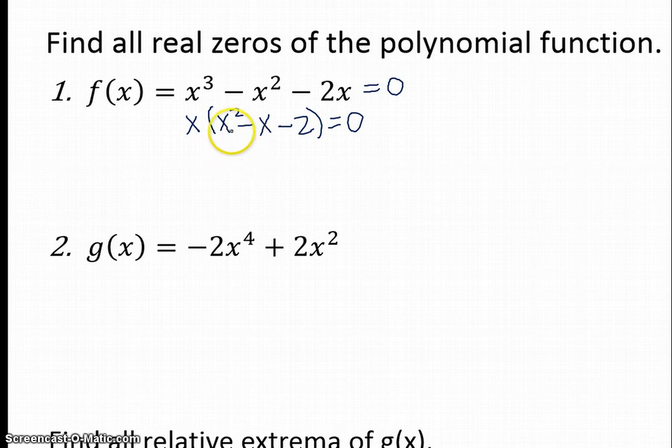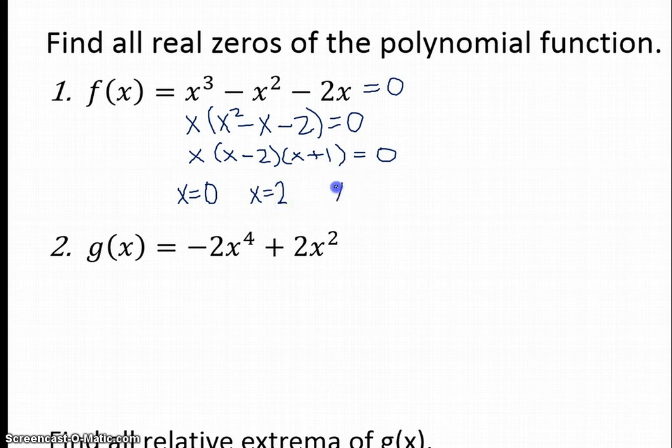Then I can factor that middle part and set each of those equal to 0. So x squared minus x minus 2 factors to x minus 2 and x plus 1. When I set each equal to 0, I get x equals 0, x equals 2, and x equals negative 1. So those are my real zeros.